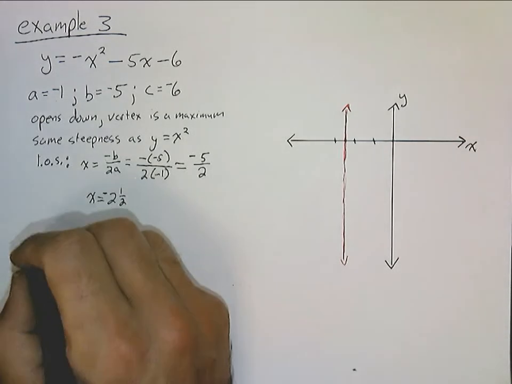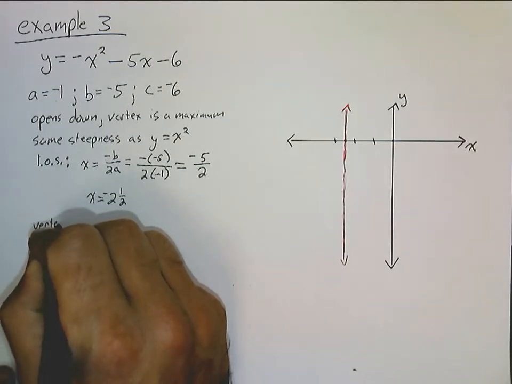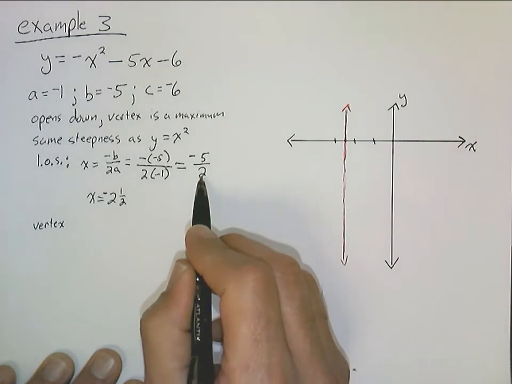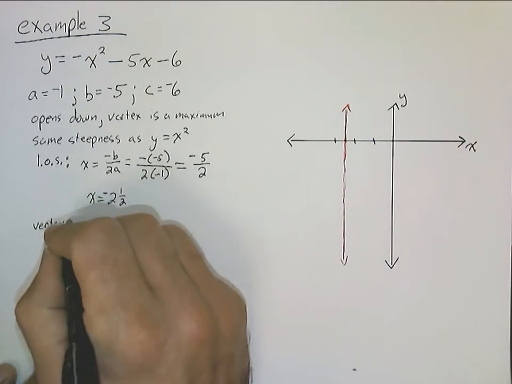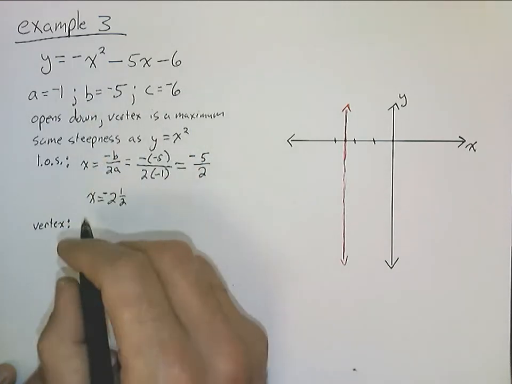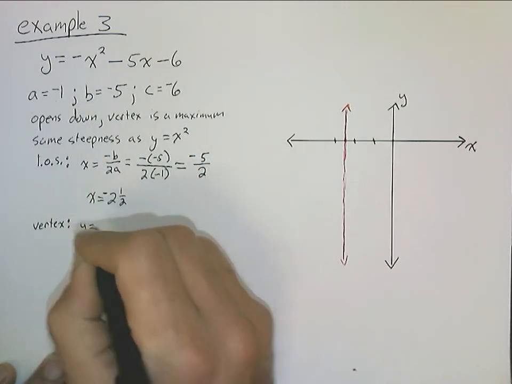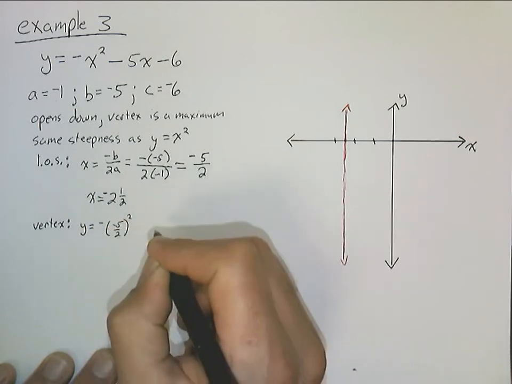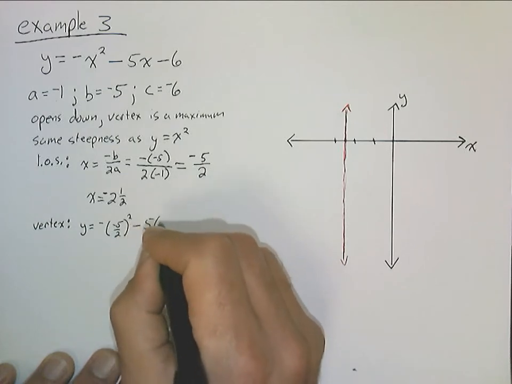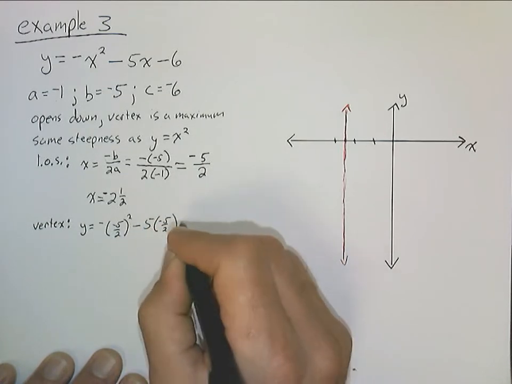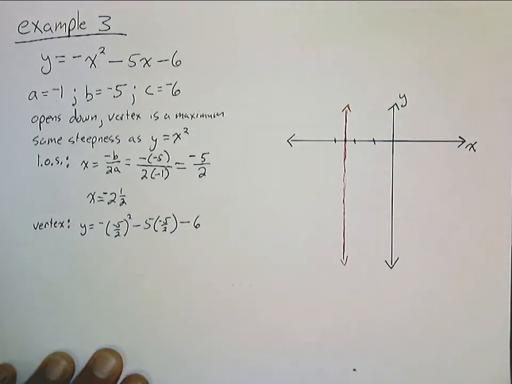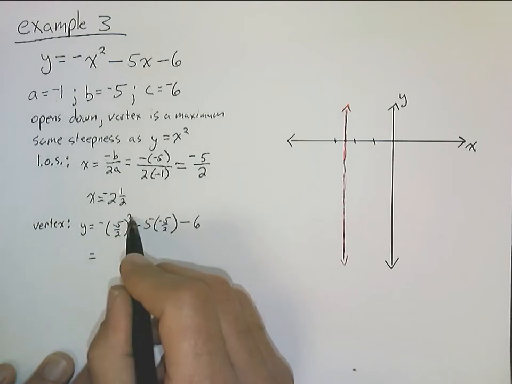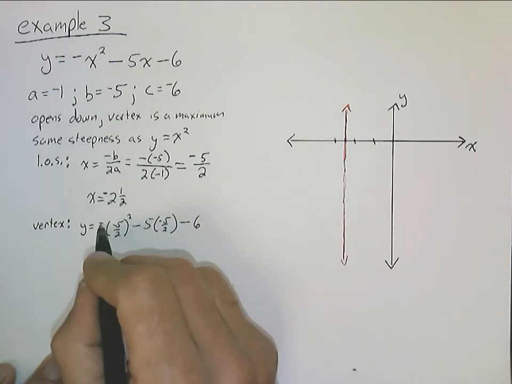Next, we want to find the vertex. So the vertex always happens on the line of symmetry, so we know that the x-coordinate is going to be negative 5 halves. We find the y-coordinate by plugging that in for x into our original equation. So the y-coordinate is going to be given by negative of negative 5 halves squared minus 5 times negative 5 halves minus 6, which is, of course, well, negative 5 halves squared, that's 25 fourths, but we want the negative of that.